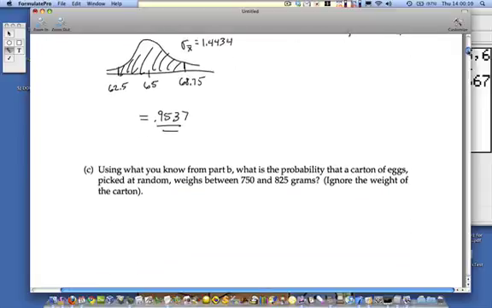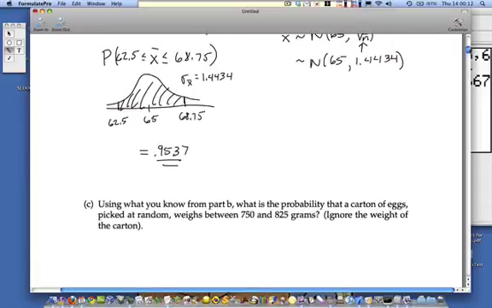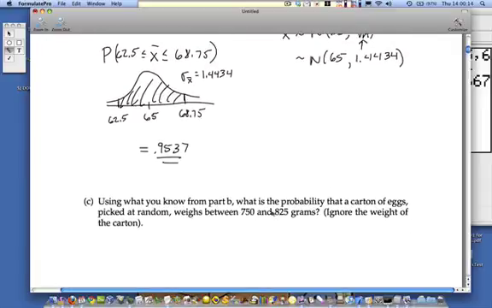Question C, a little tricky question on my part. If you take a look at the total weights here, the total weight of the carton, question A kind of led you to believe that you can't find this probability. Well, you can, it's just not easy. What you do instead is take these two and make them sample means.